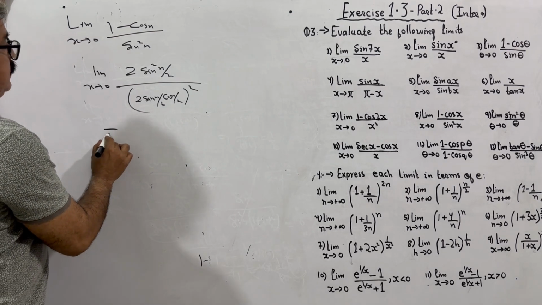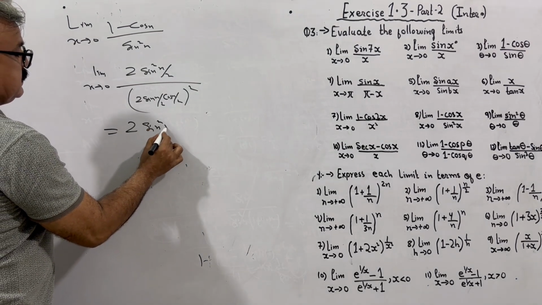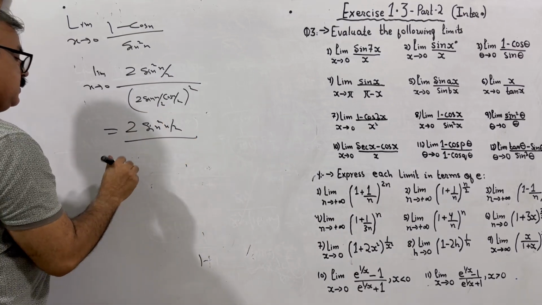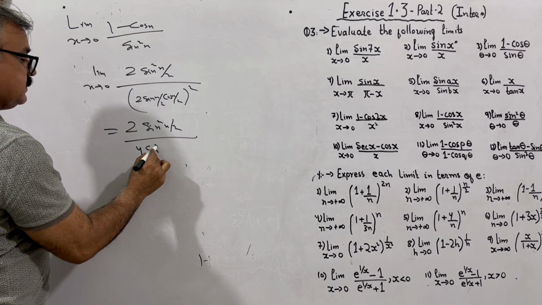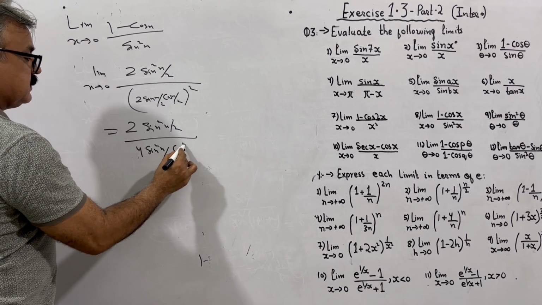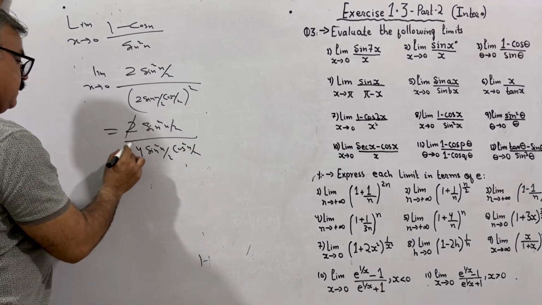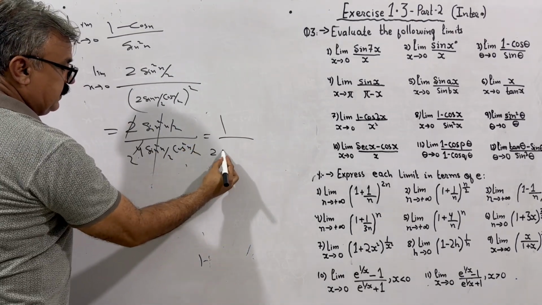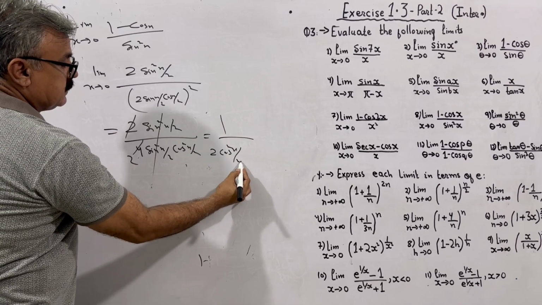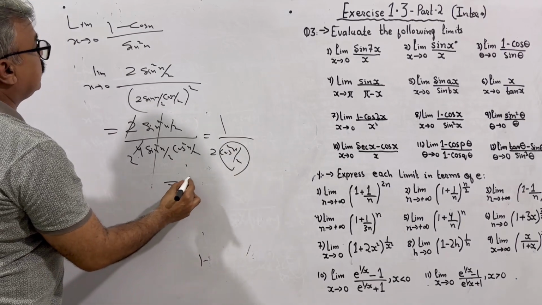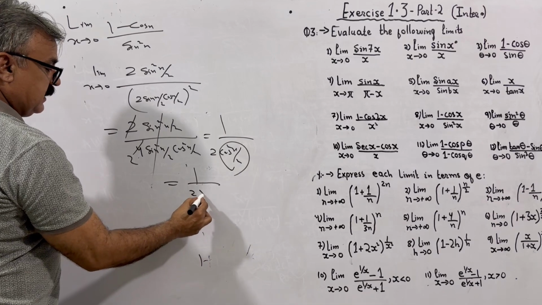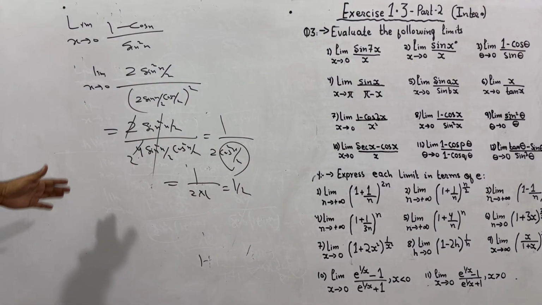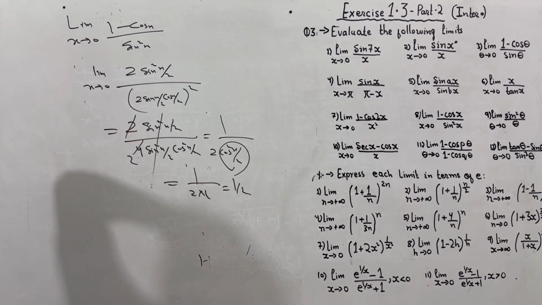We have 2 times sine square x over 2 divided by this, which is 4 sine square x over 2 cos square x over 2. 1 to the 2, 2 to the 4, sine square cancelled out. What remains? 1 over 2 cos square x over 2. Cos 0 is 1, 2 times 1, so 1 over 2. Adopt any strategy, you will arrive at the same result.